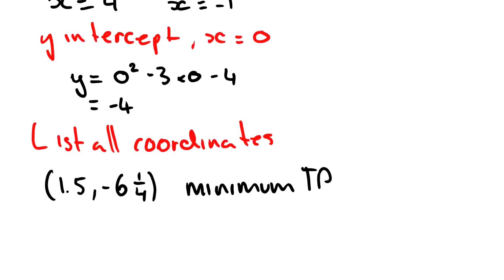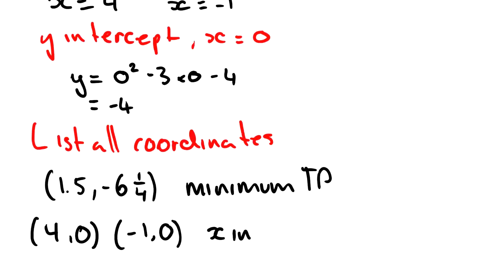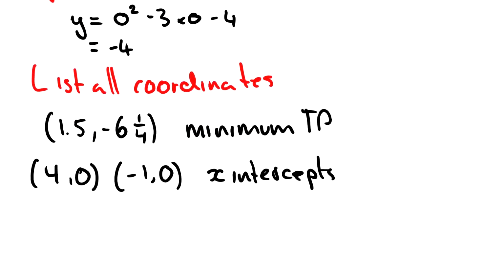The next points we found were our x-intercepts, at (4, 0) and (minus 1, 0). And the last thing we found was our y-intercept, which occurred at (0, minus 4).